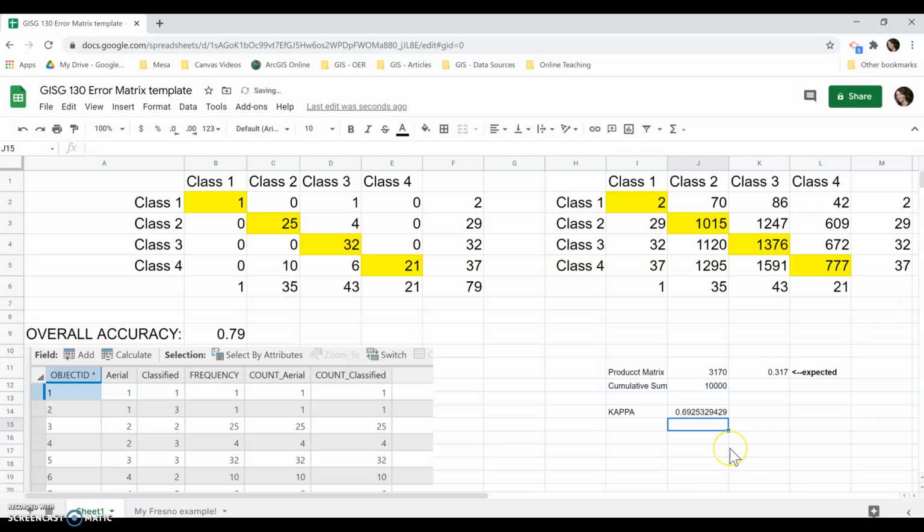Okay, and then we multiply that times 100, get our Kappa percent, so almost 70% is what I'm looking at.